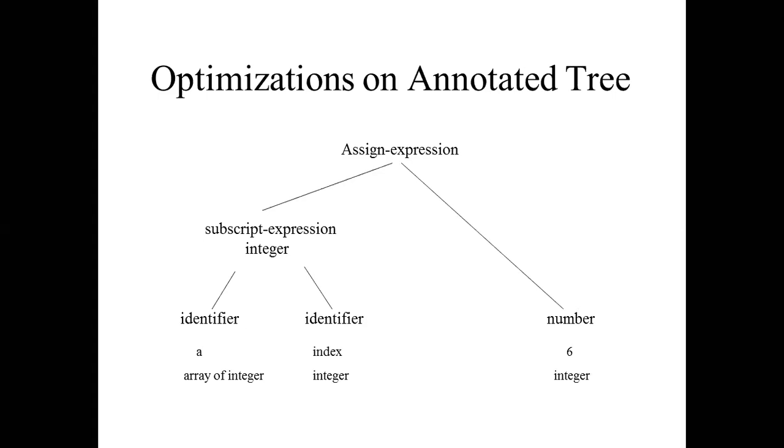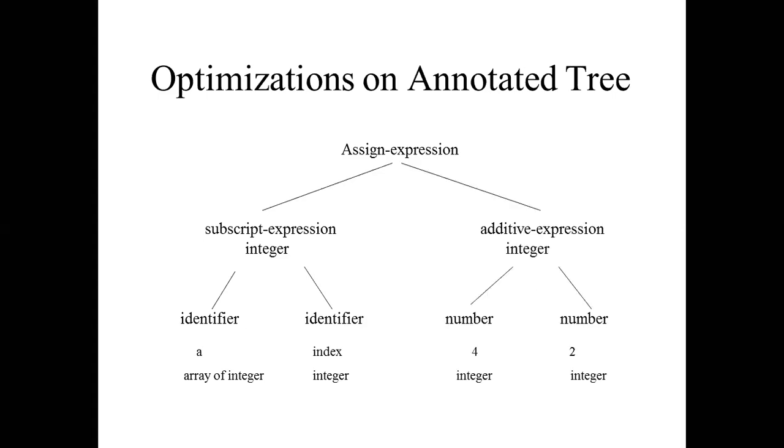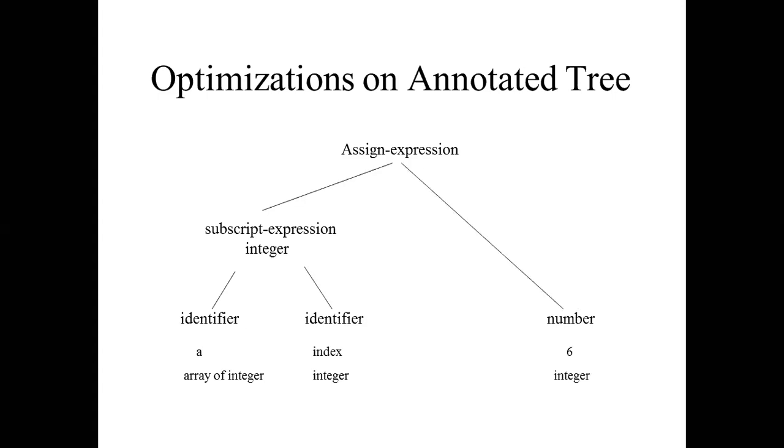No need to write 4 as an identifier, integer, and then again an integer. There is no involvement of the plus sign, and we directly write the number 6. So again there is a code improvement and a saving of memory, and it makes the compiler faster.